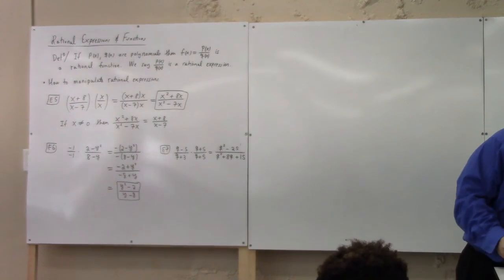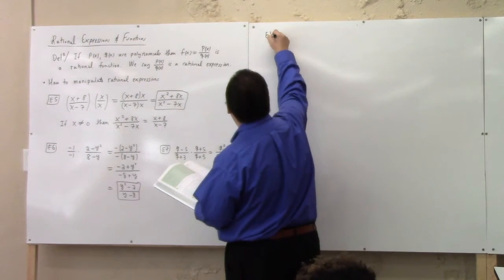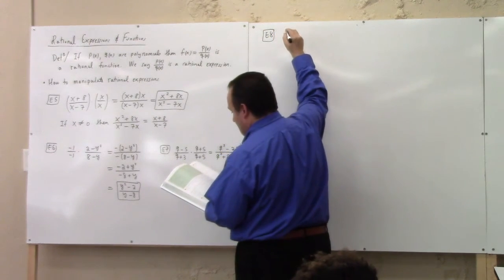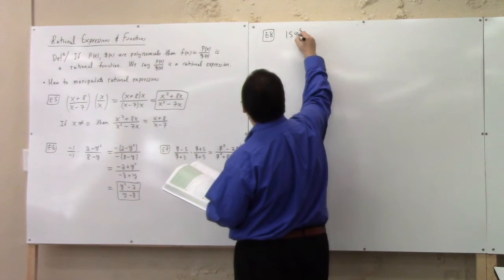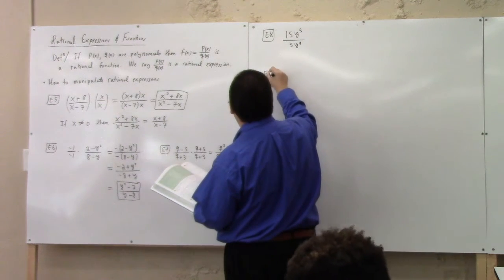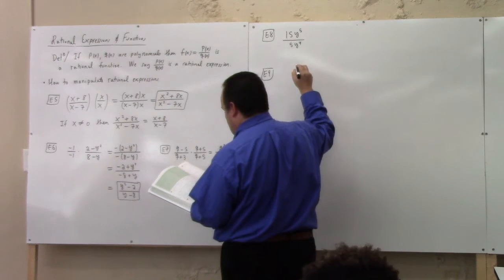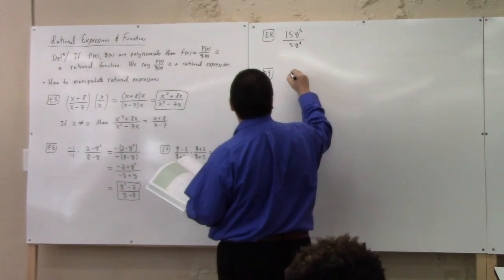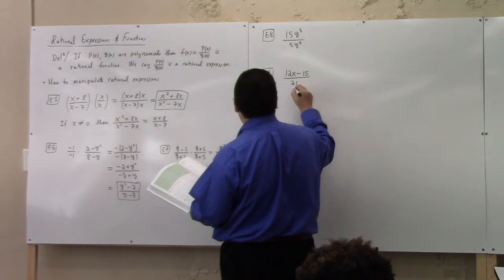So here we're told to simplify. 15y to the 5th divided by 5y to the 4th. What do you think about that one? Example 9, we have, let's say, 12x minus 15 over 21.